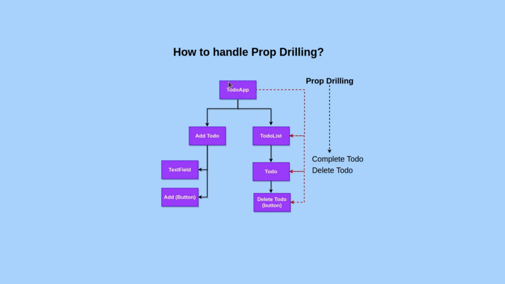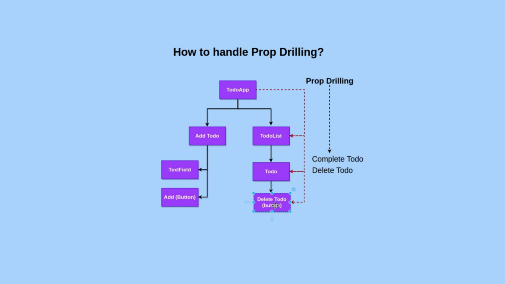But let's say that we have a component tree with a parent, then a child, and then a subchild or grandchild, and we are passing a state. If there is a change in that state in the parent component, all the child components are going to re-render, no matter whether they are intermediaries or not.